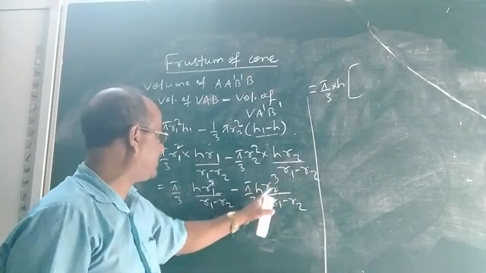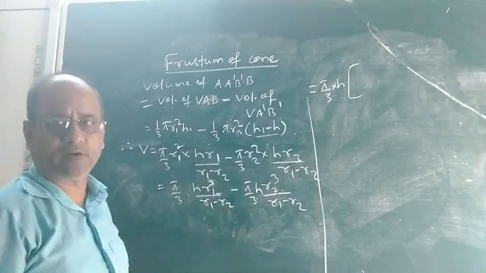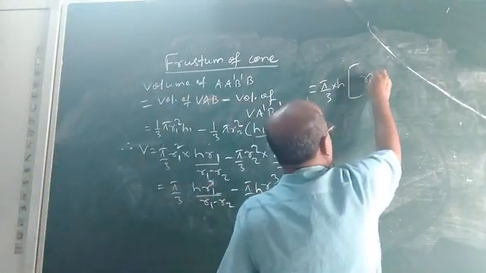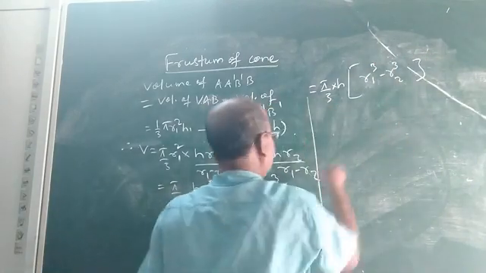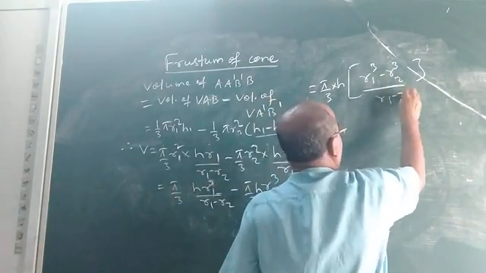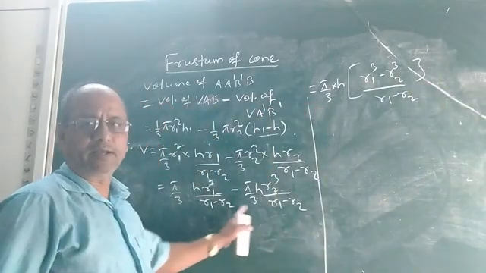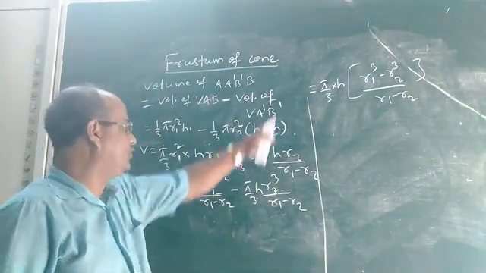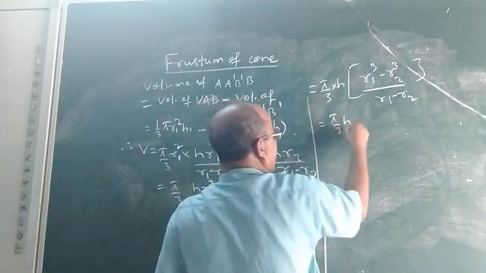Pi by 3 h r2 cube divided by r1 minus r2. So pi by 3 h can be taken common. So what will be left here? It is r1 cube minus r2 cube divided by r1 minus r2. By taking LCM of these two and taking common, you will get this. So this is pi by 3 into h.